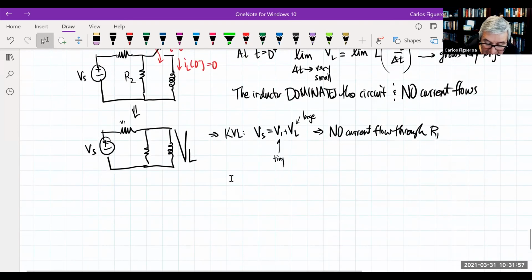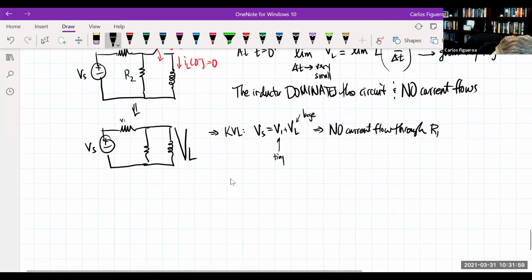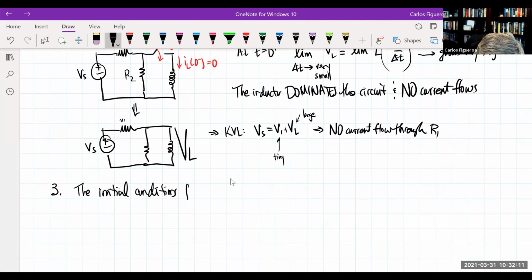The last thing I want to talk about is the initial conditions for inductors.